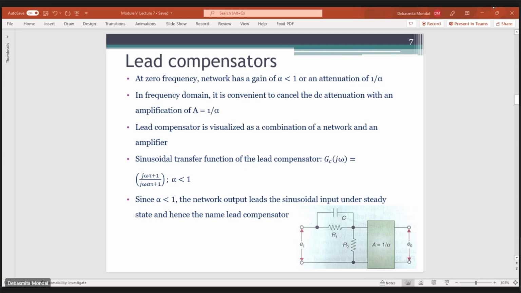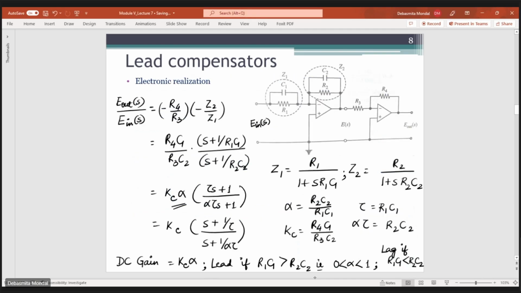So this is the expression which we got earlier, that is, tau s plus 1 divided by alpha tau s plus 1, and there is some certain gain of the system. For this electronic realization of the lead compensator, the DC gain of the system is given by Kc into alpha, where alpha equals R2C2 by R1C1, and Kc is given by R4C1 by R3C2.